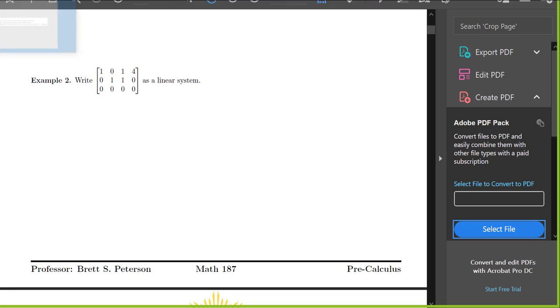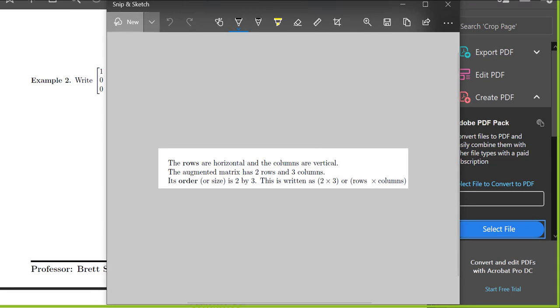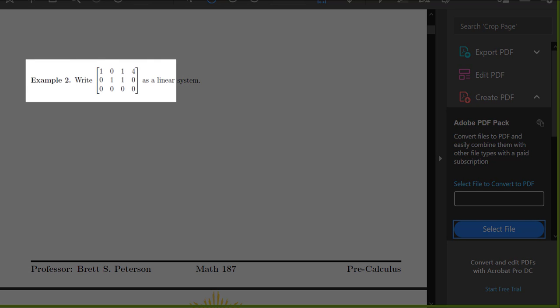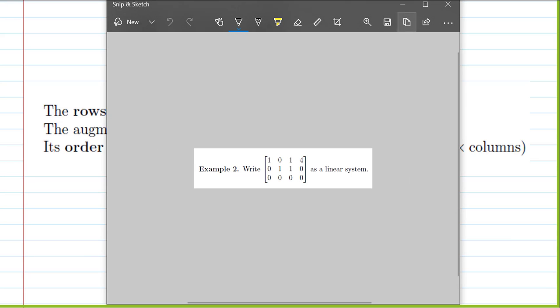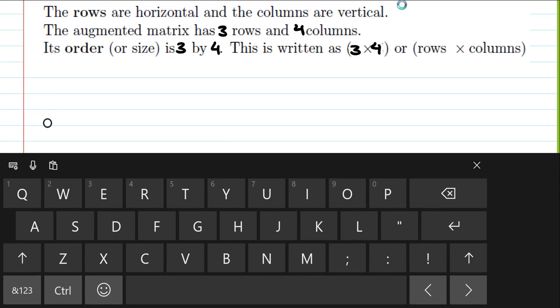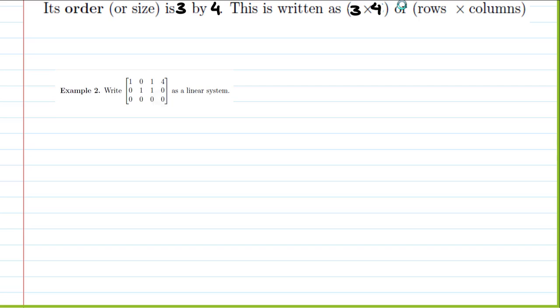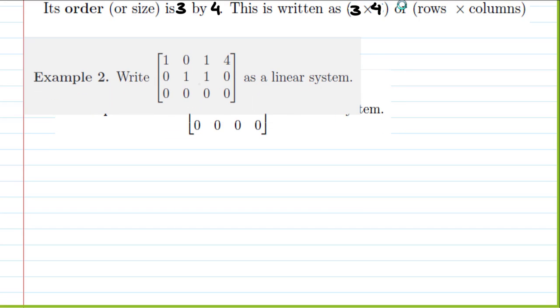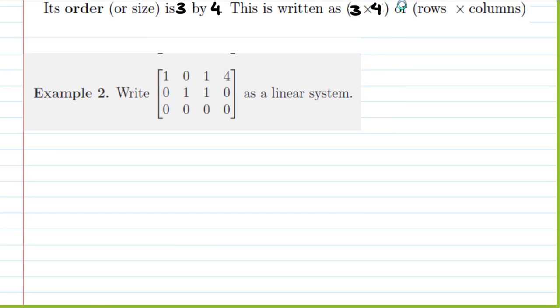All right, so as always, if we can do something forward, we also need to be able to reverse the process. Given a matrix, it represents some system of linear equations.